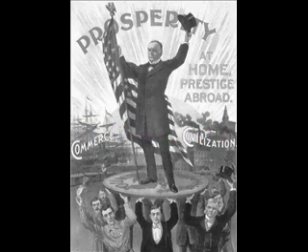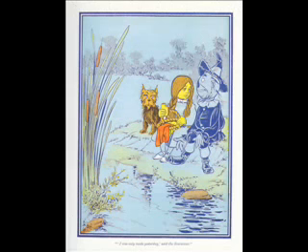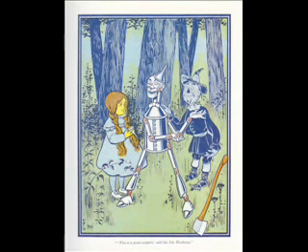The Cowardly Lion is typically taken to be a specific person, William Jennings Bryan, who was a popular leader at that time, Democratic nominee in both 1896 and 1900. And the wizard, either the President of the United States or the financial industrial interests that were often considered responsible for the hardships people were facing, and the various wicked witches of different parts of the country representing these other kind of malign forces out there.